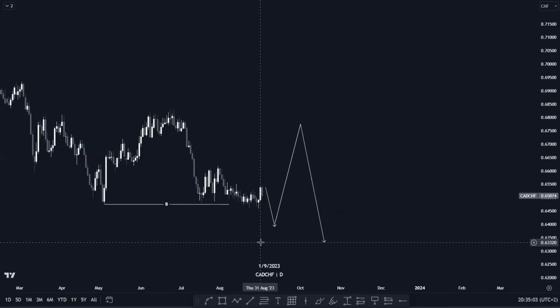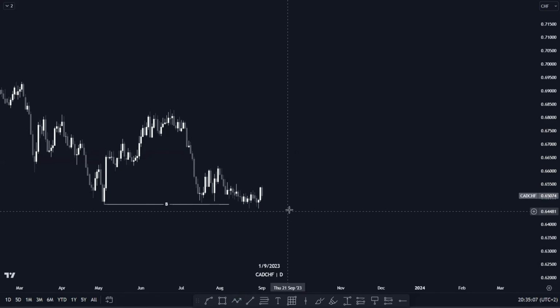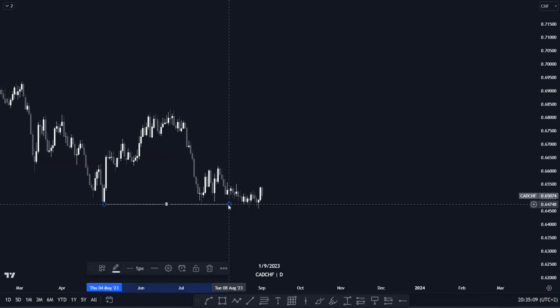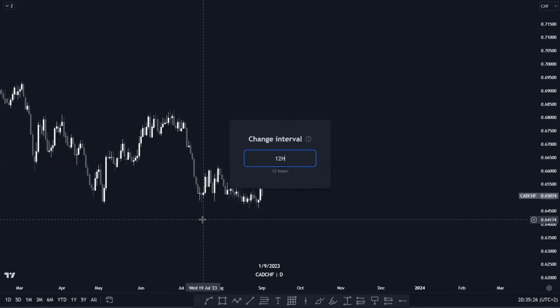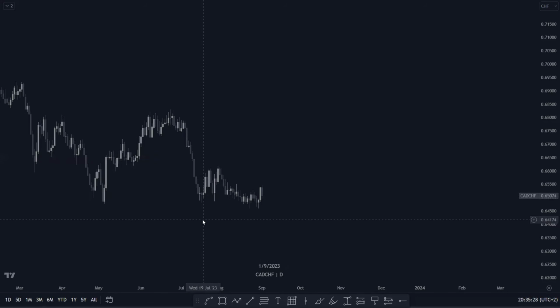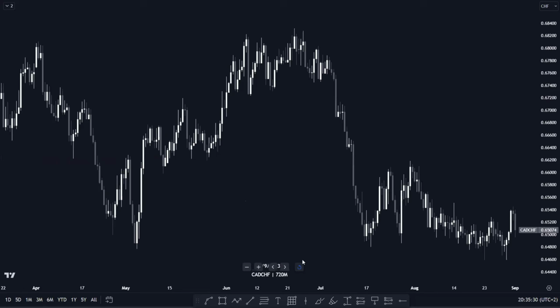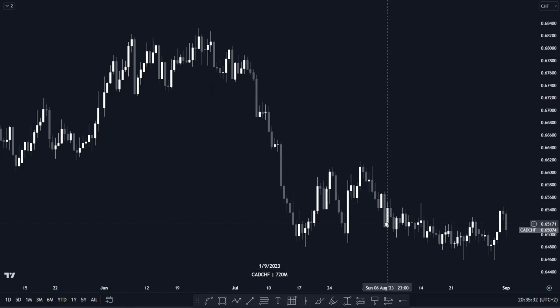Okay, so now let me just walk you guys through this CAT CHF. Since it's not yet a valid break of structure, I'm just going to delete it, because there is no full body candle close below our previous lower low. So what we are going to do now is go to our 12-hour chart and see what we can do from there.